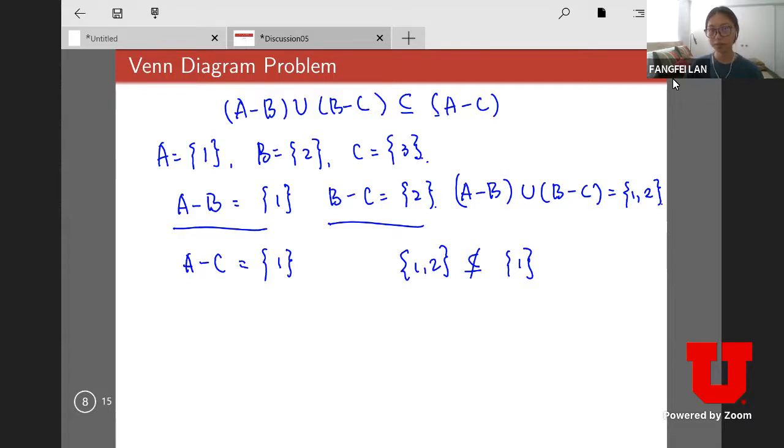Any questions? For making counterexamples, are we allowed to pick just any values for A, B, and C? Yes, you can pick whatever. I just picked the easiest. You do want it to be easy enough so you're not going to get confused when you're actually writing it out.